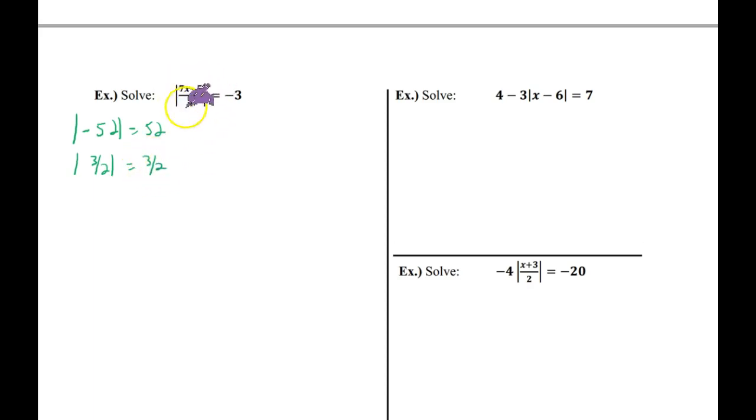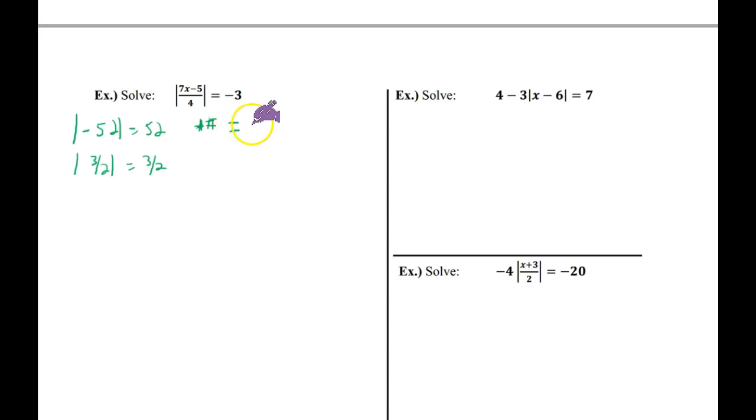So whatever is in here, no matter what x is, when I take the absolute value, I'm going to get a positive number. Right? X could be -1,000,000. But when I simplify this and then take the absolute value, the absolute value of -1,000,000 would be positive 1,000,000. I'm going to end up with a positive number on the left.